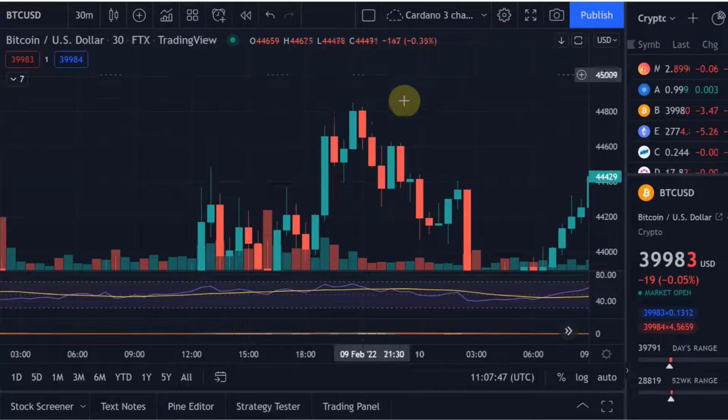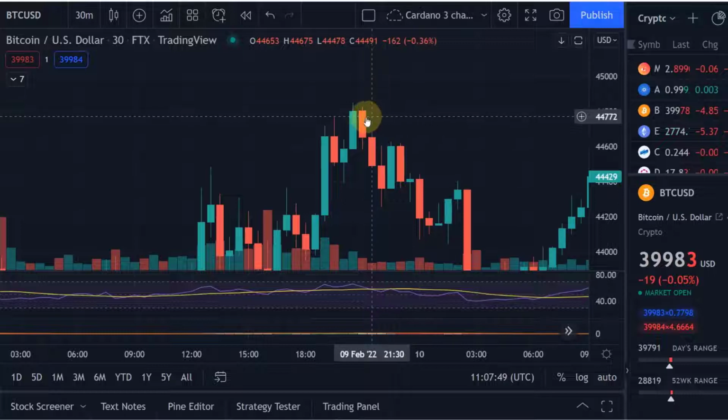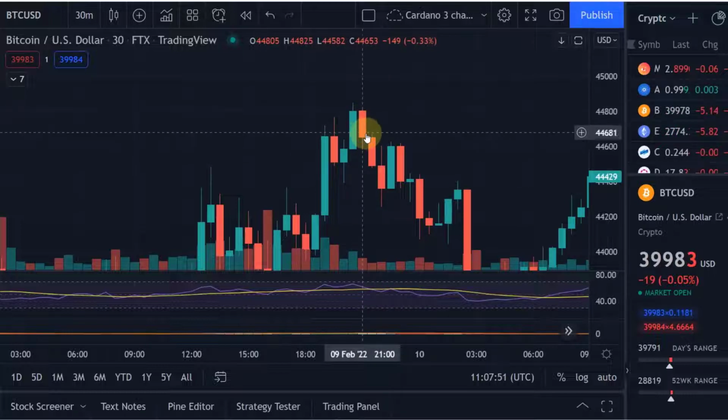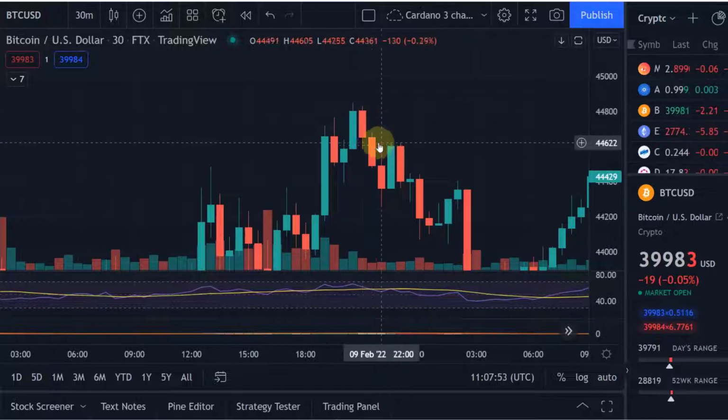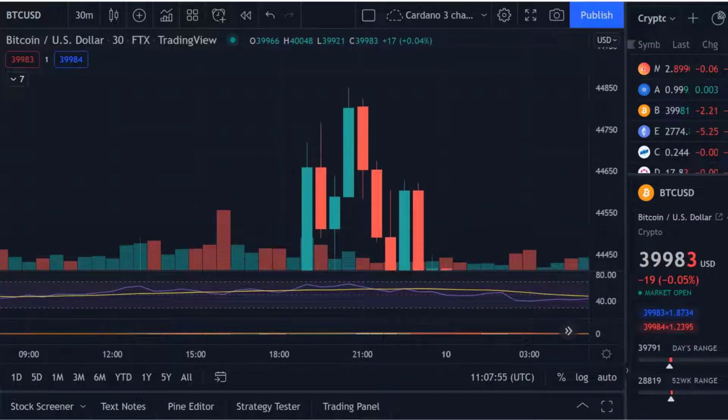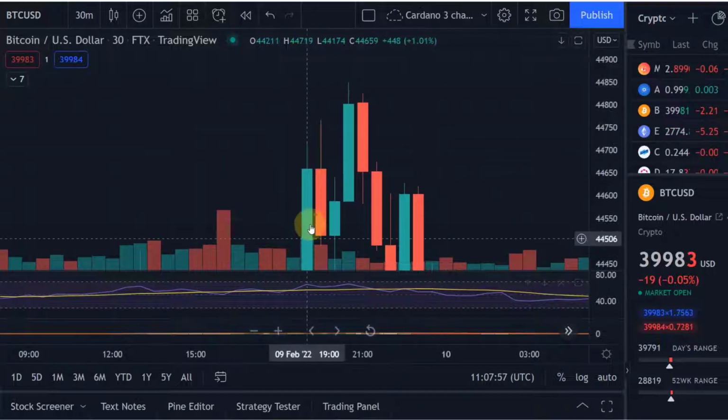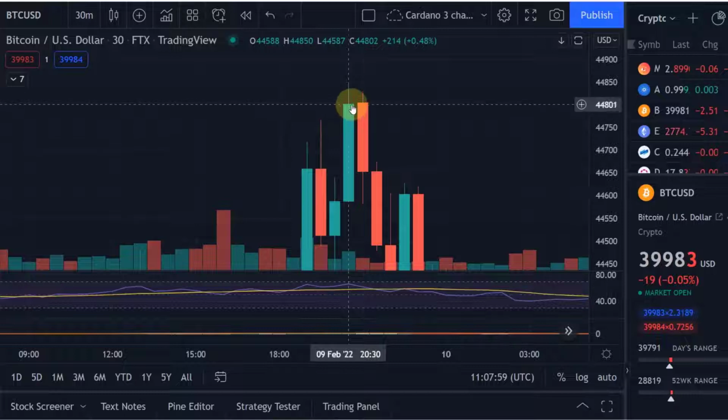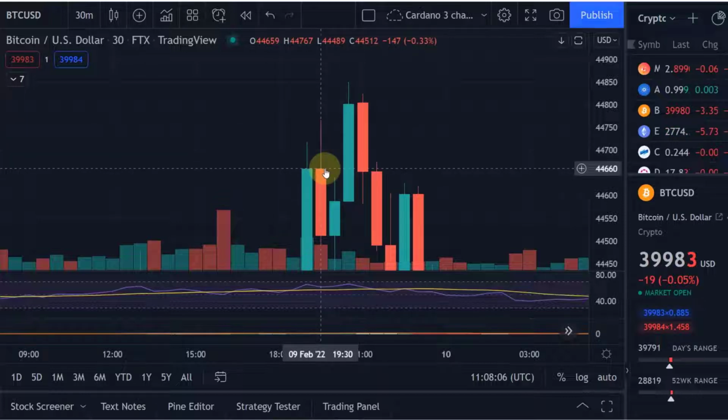we go to this peak here, and what you can see is this red candlestick. So a dark cloud cover candlestick starts in an uptrend. You need 2 or 3 candlesticks for it.